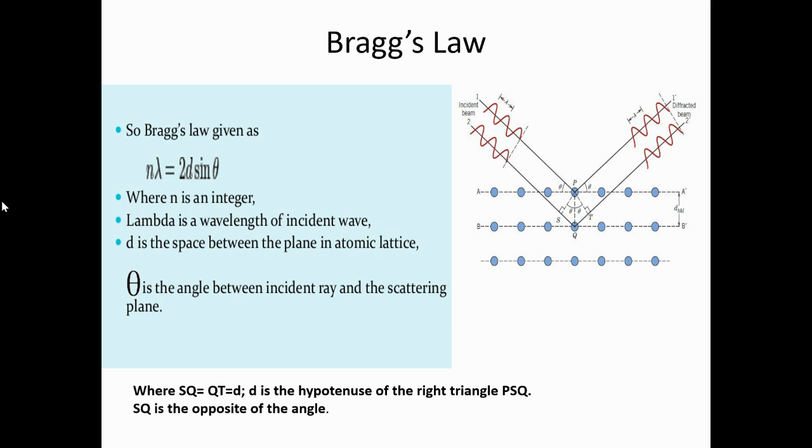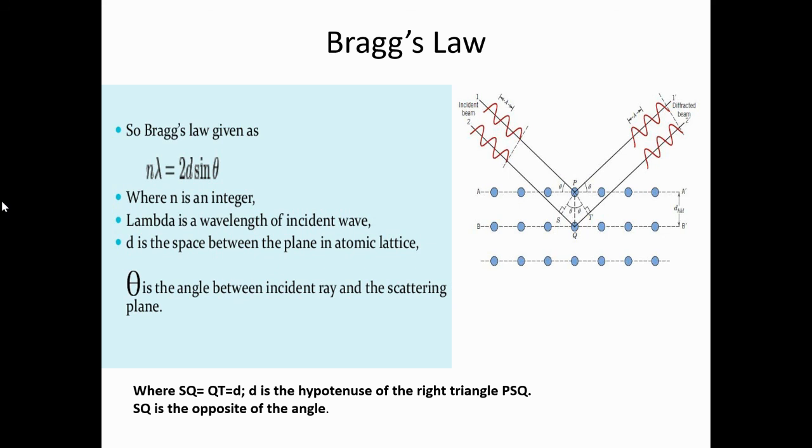This law was introduced by Sir Bragg and his son, and it states that when an X-ray is incident onto a crystal surface at an angle of incidence theta, it will reflect back with the same angle of scattering, theta. And when the path difference is equal to a whole number n times the wavelength lambda, constructive interference will occur.